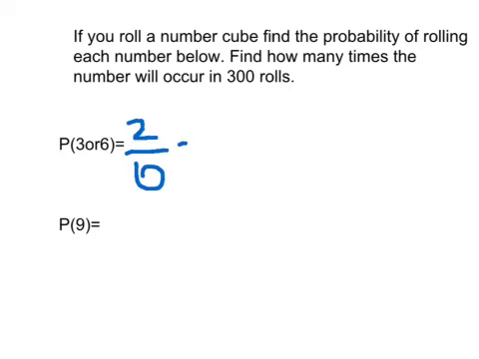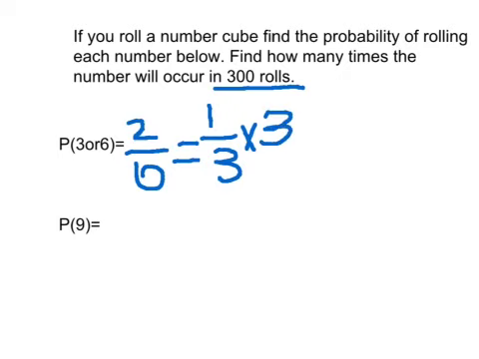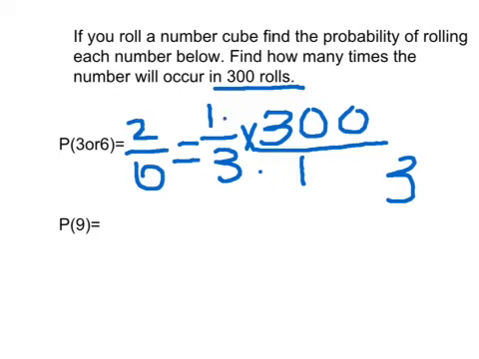Then you could reduce it, which would be 1 over 3. Then, since it says out of 300 rolls, you'd have to multiply by 300. And since it does not have a denominator, it would go over 1. So then 1 times 300 is 300, and 3 times 1 is 3.